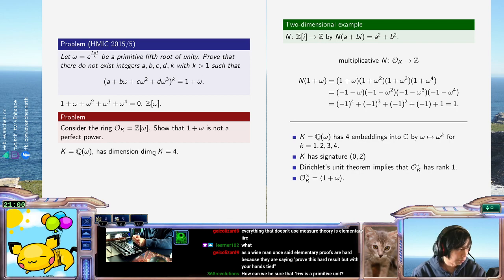How can we be sure that 1 plus omega is a primitive unit? That's what the problem implies. So 1 plus omega is a unit, and the problem is saying it's a primitive unit.